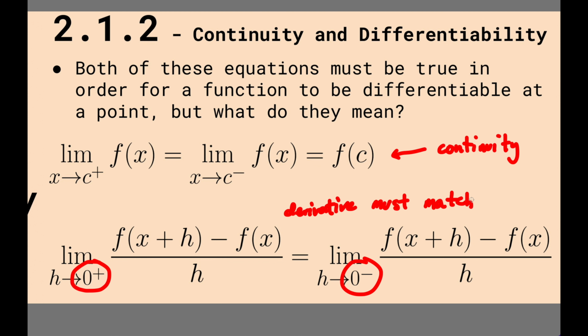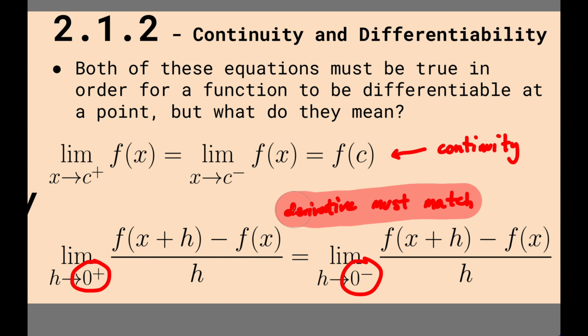A really important concept to understand: if something is differentiable, then it's automatically continuous, because if it's differentiable, it has to be continuous to begin with. However, if it's continuous, it's not necessarily differentiable because of this second part where it says the derivative must match on both sides.